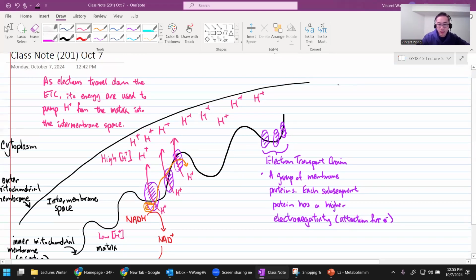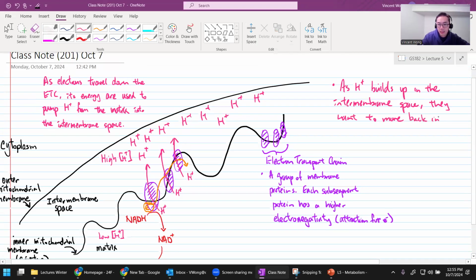Okay, so let me just quickly write another note here for you. As H plus builds up in the intermembrane space, they want to move back into the matrix.